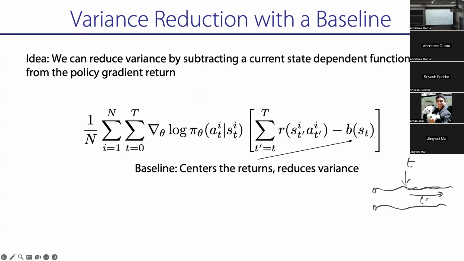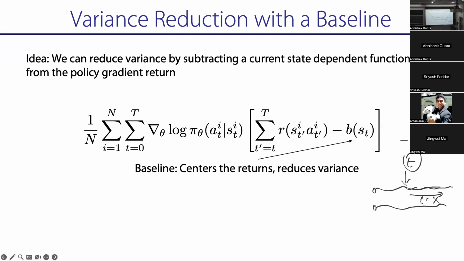What we subtract is b(s_t), which depends on this thing but not on this thing, right? It has to depend on the time step t for which you're taking the grad log probability, but not the sum of rewards. That's what we call a state dependent baseline. It only depends on your current state, not on future states or actions.